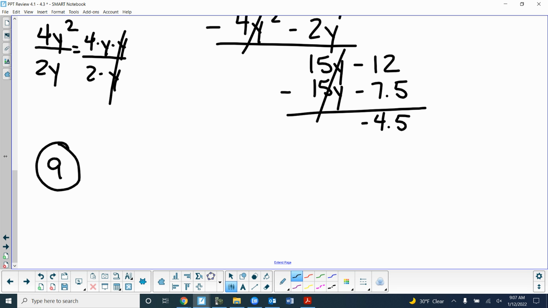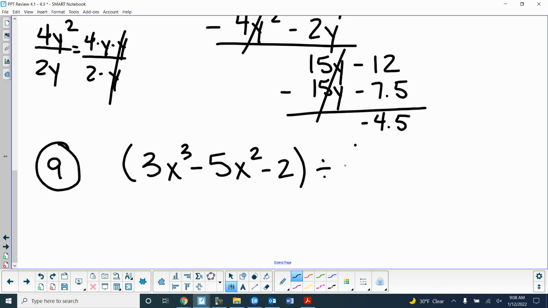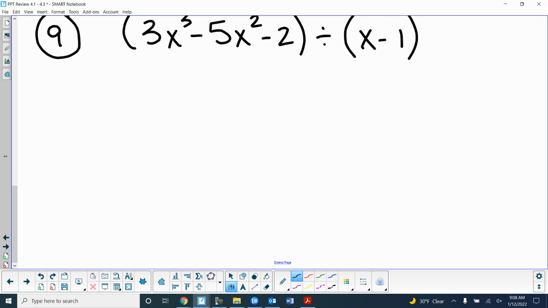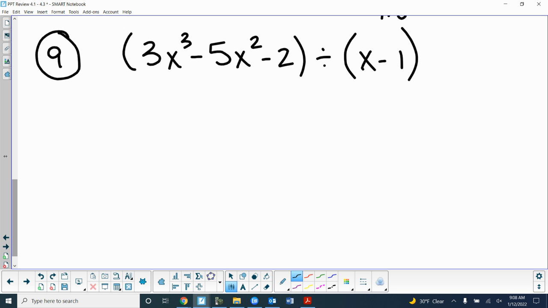Okay, so number 9, we're doing synthetic division, which is a little bit quicker and easier, right? So since we're dividing by x minus 1, what goes in our little corner? Positive 1, right?